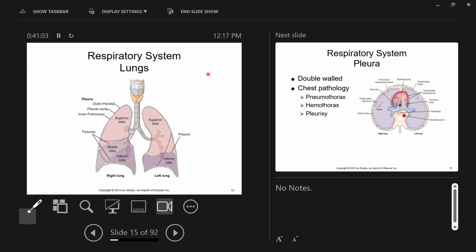In the middle is the pleural space or pleural cavity. That pleural cavity can fill with air in the case of a pneumothorax. It can also fill with fluid in the case of what we call an effusion. Fluid can be blood or liquid of any kind. We've got a wrapping around.